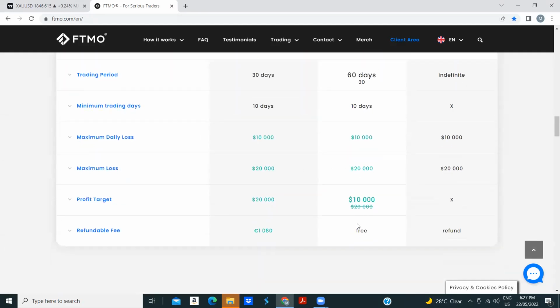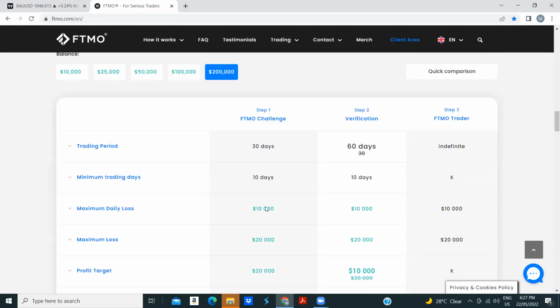Whatever you make. So if you see here, you have 10 days. The max daily loss is 10,000, which means you cannot lose more than 10,000, which is 5%. If you risk 0.5% per trade, do you have a chance that you will lose 5% in a day? Not so far, right?